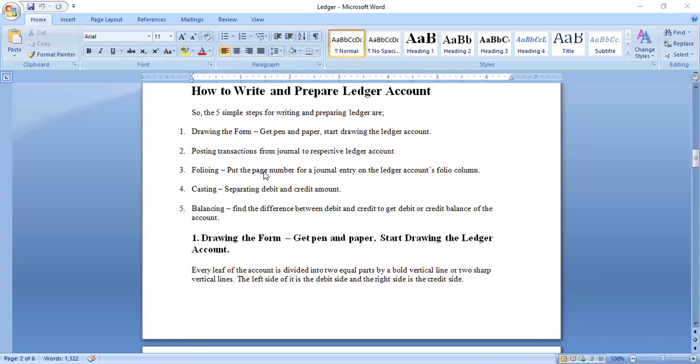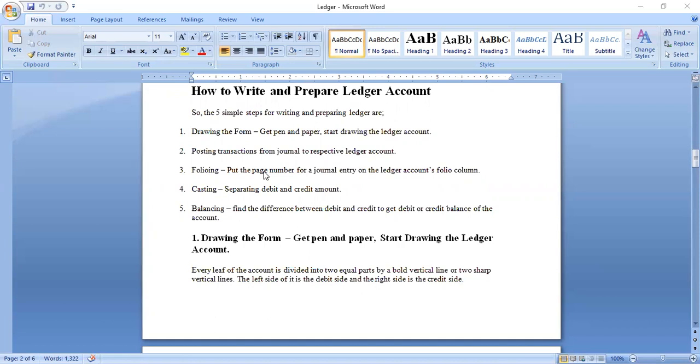Number 1, draw the form. If anyone maintains or prepares the ledger books, he or she must follow two ways, two rules or two formulas. One is the golden rules, also called the T form.